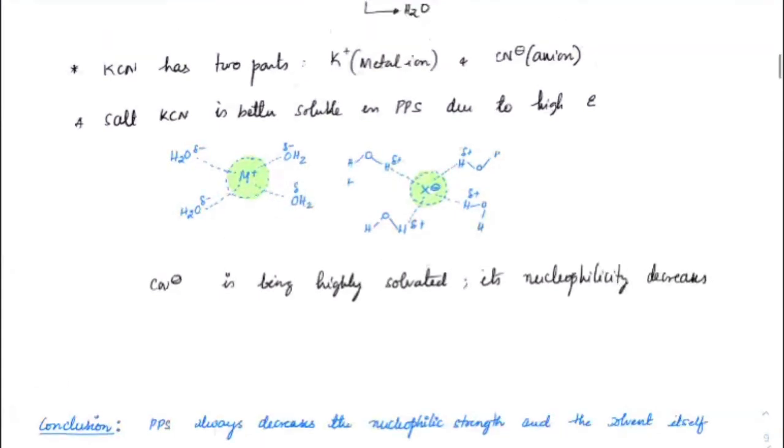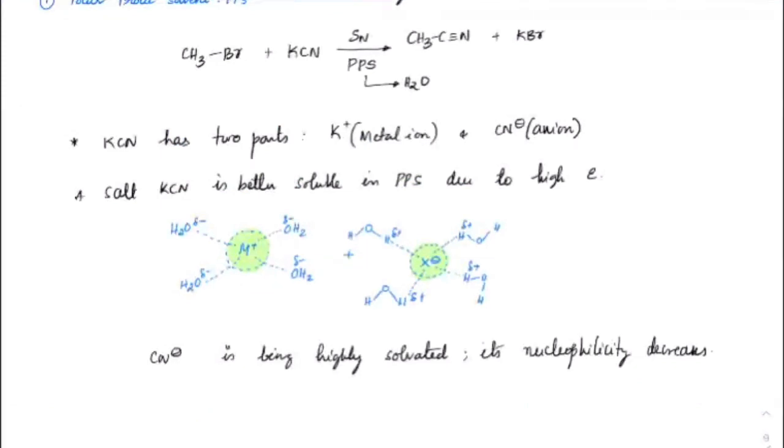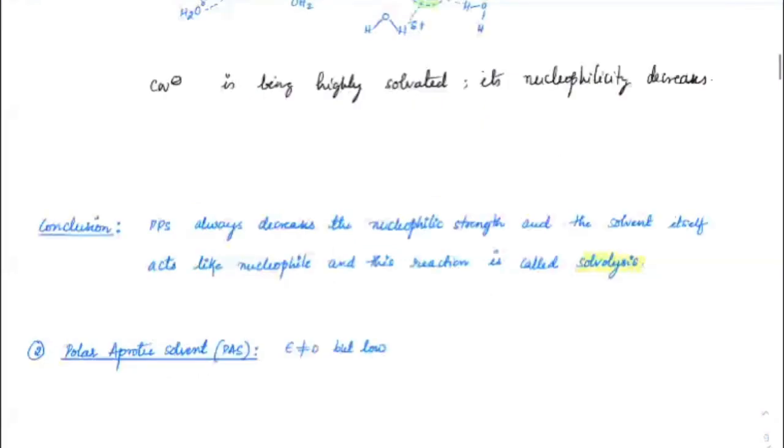So in short, nucleophilic strength in polar protic solvents will always decrease. Sometimes the solvent itself will act like a nucleophile, and if that happens we call that reaction solvolysis.